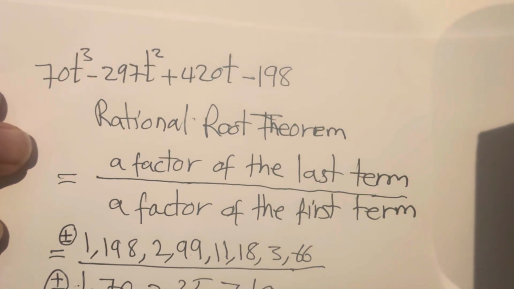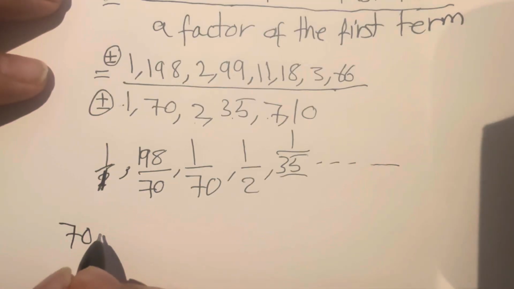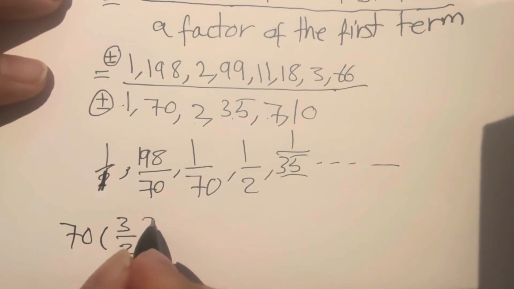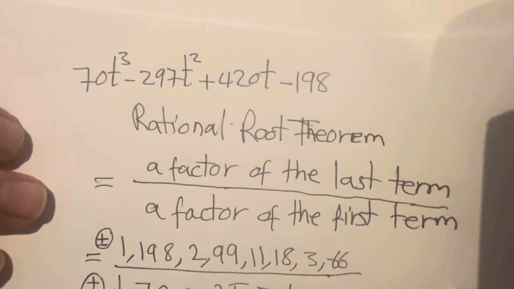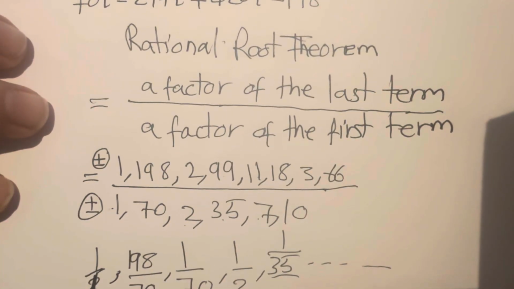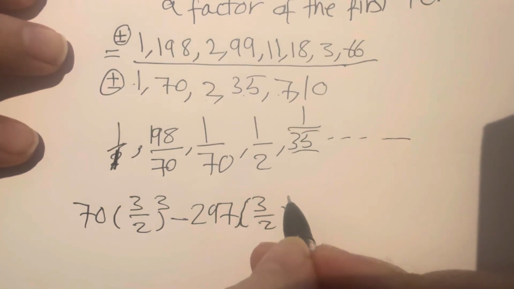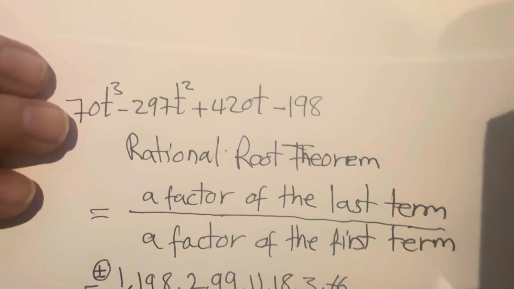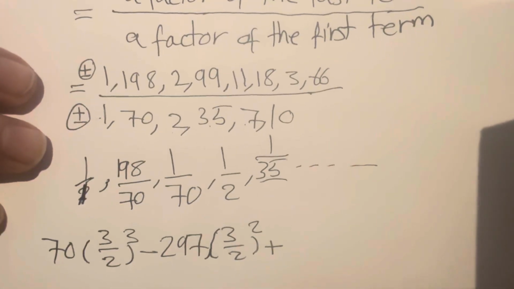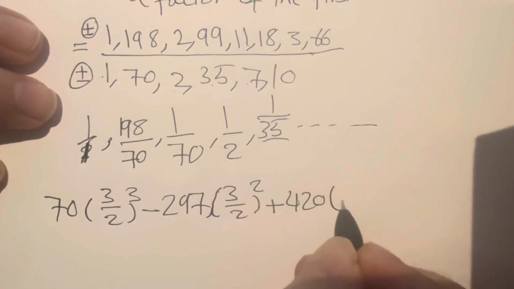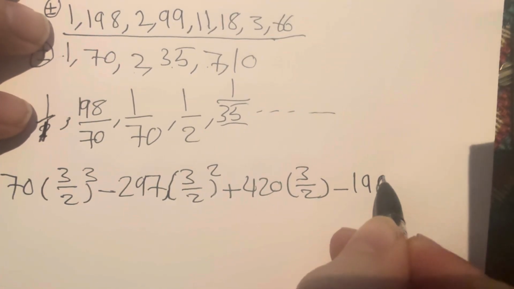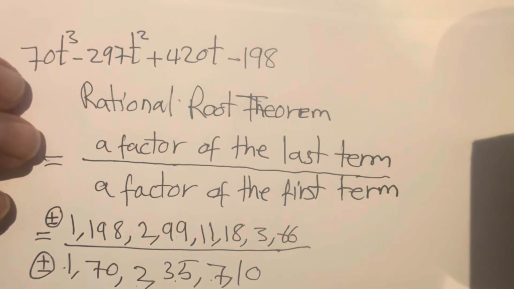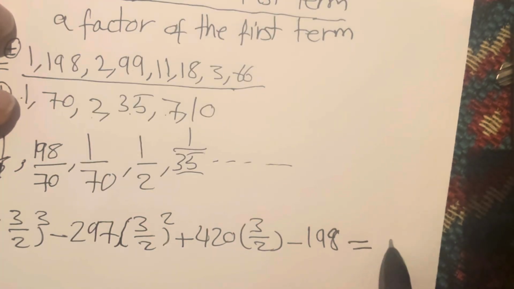We have 70t cubed, so 70 times 3 divided by 2 cubed, minus 297 times 3 over 2 squared, plus 420 times 3 over 2, minus 198, equals 0.